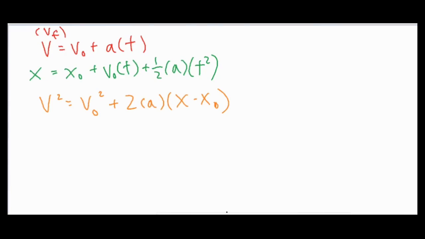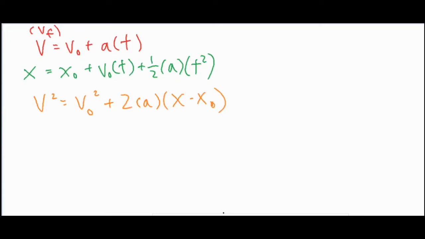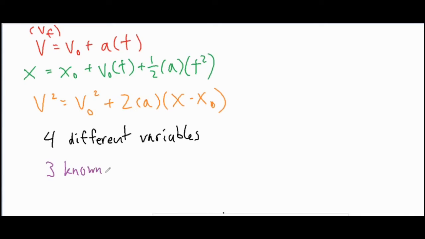Now, with all these different formulas, you have 4 different variables in each one, which means if you were to solve for something and there's 4 different variables, then you want to make sure you have 3 known variables so that you can algebraically find your 1 unknown variable.